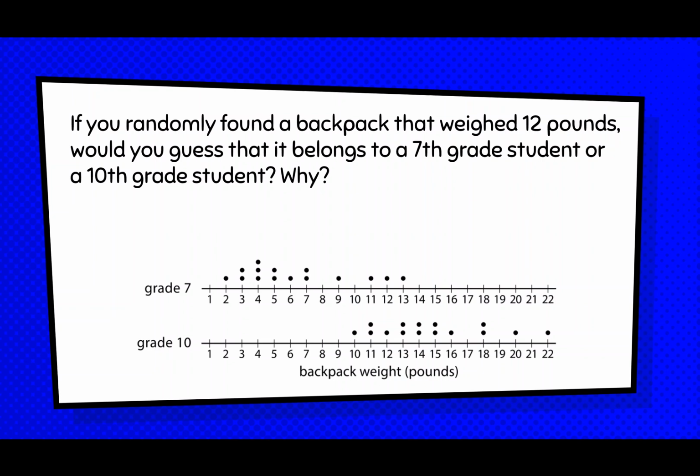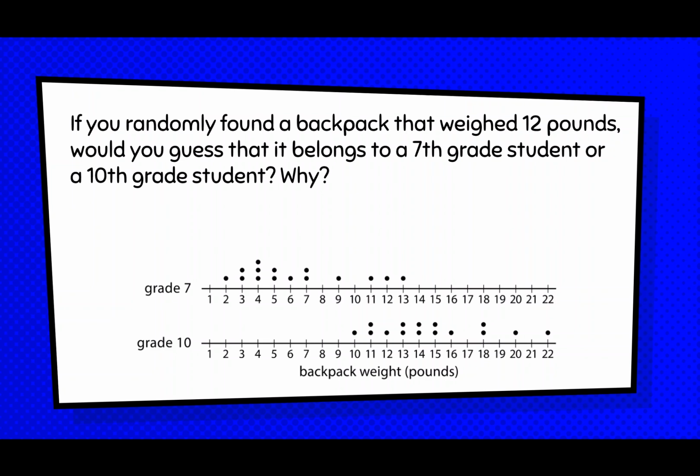Next thing I'm going to notice is that 12 was the second highest in the 7th grade sample and the 4th lowest in the 10th grade sample. So both were pretty close to the extremes, the 7th grade nearly being the highest and 10th grade nearly being the lowest.